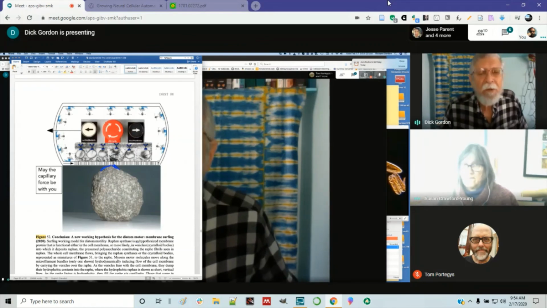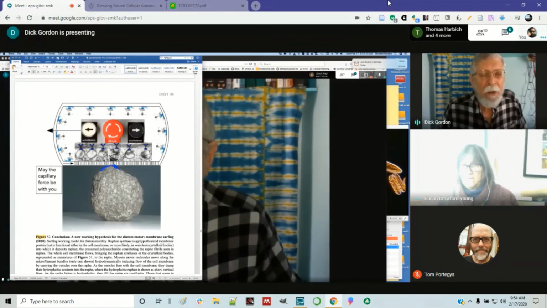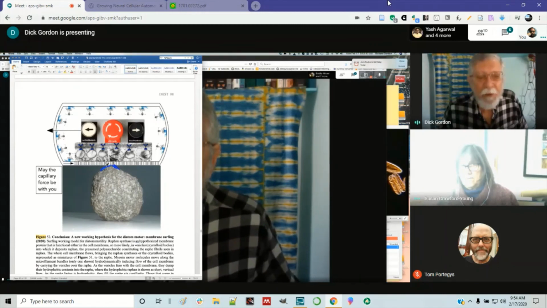These guys are surfing around the whole cell and then coming to the raphe, and they cause a cytoplasmic streaming in here, dumping their material into the raphe. But what's stuck in is hydrophobic material, and the raphe acts like a wick, and the stuff comes out, and it produces an enormous force due to capillarity.